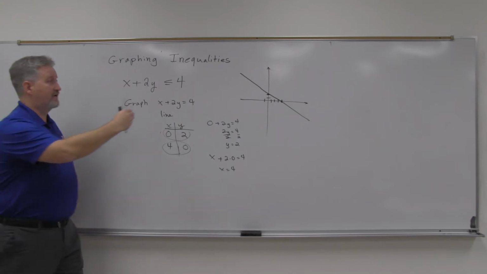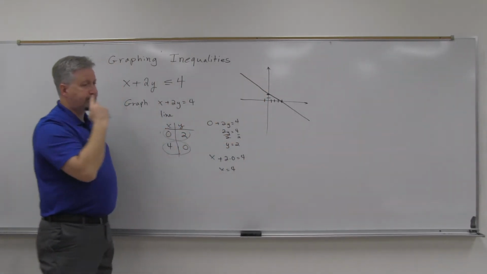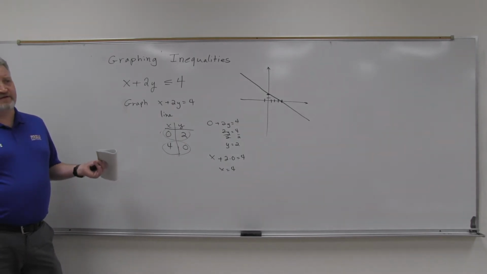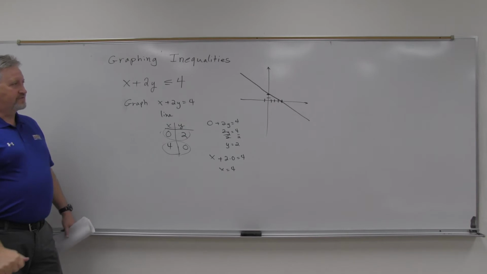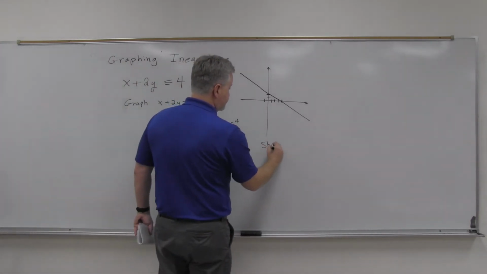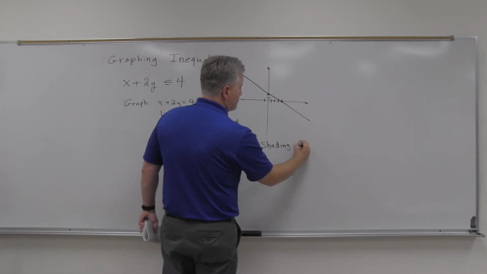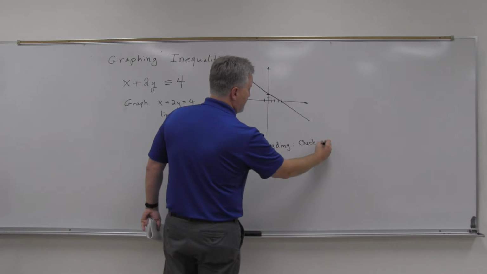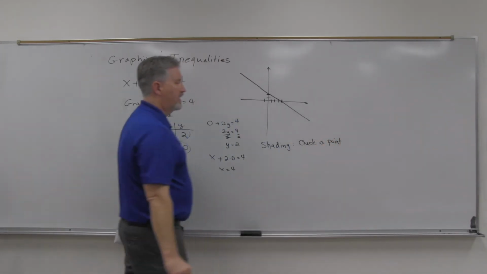Okay, we've got to figure out, do I need to shade below the line or above the line? And you can't necessarily go off less than is below the line, greater than is above the line. What I like to do to determine the shading is just check a point on one side or the other of the line.